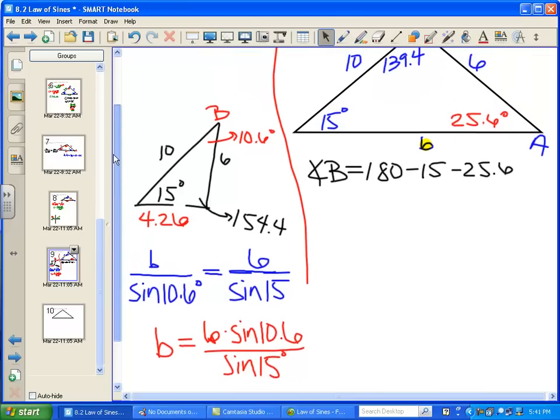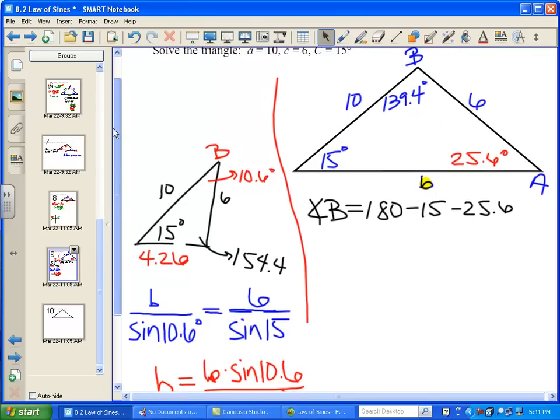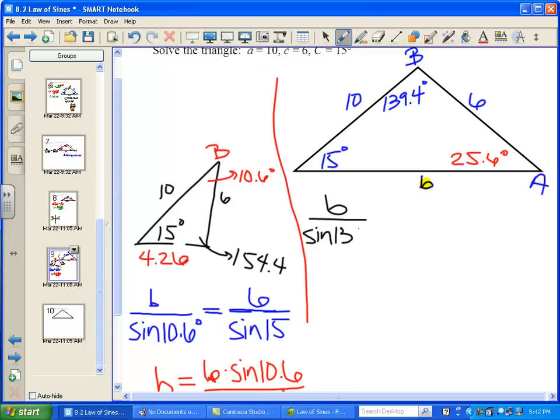However, in the original triangle that I set up with the angle A being 25.6 degrees, I've still got to find this side B. Now, if we set this up, I think this is going to look familiar. It's going to be B over the sine of 139.4 is equal to 6 over sine 15 degrees.